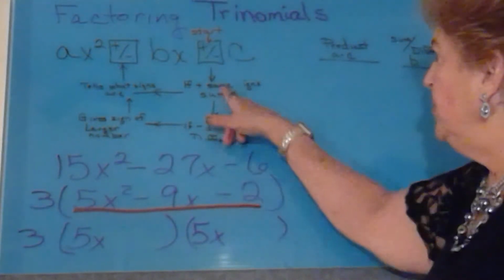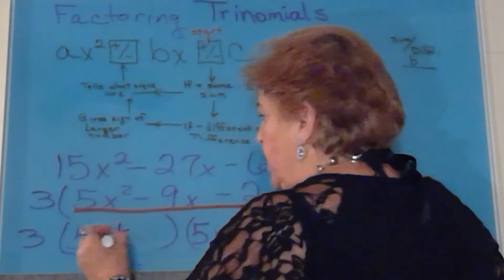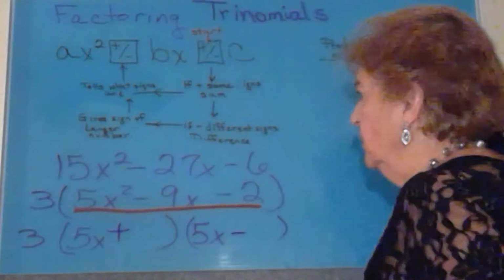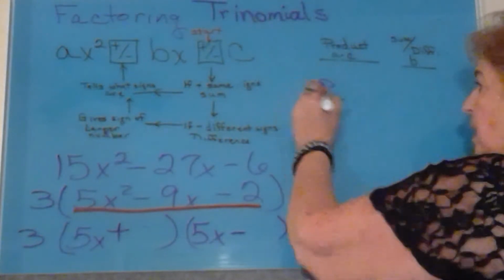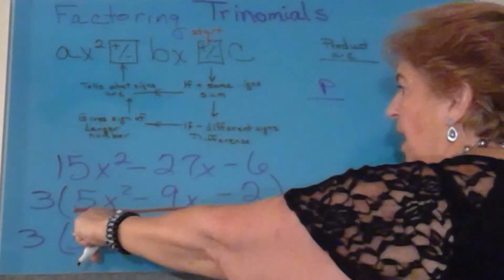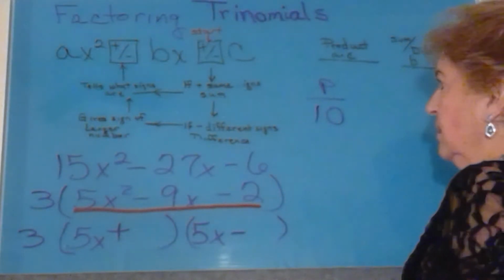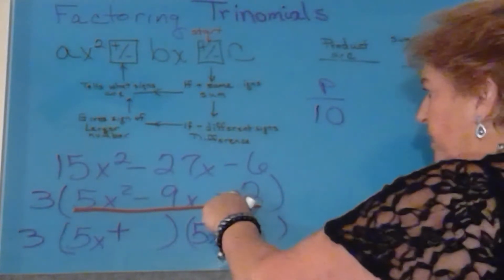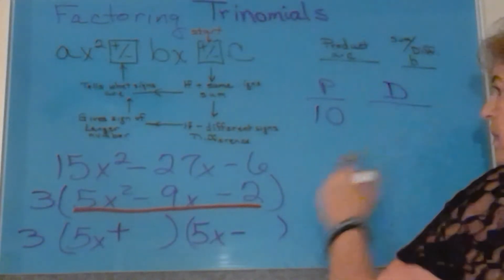This sign tells me that I'm going to have different signs. So I'm going to put a plus here and a minus here. I need a product that's the same as 5 times 2, which is 10. And because that's a minus, I need a difference of 9.